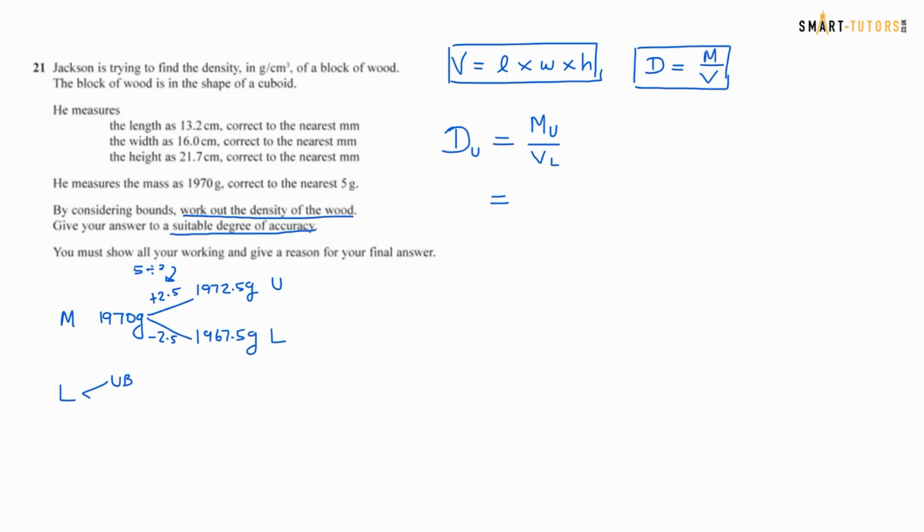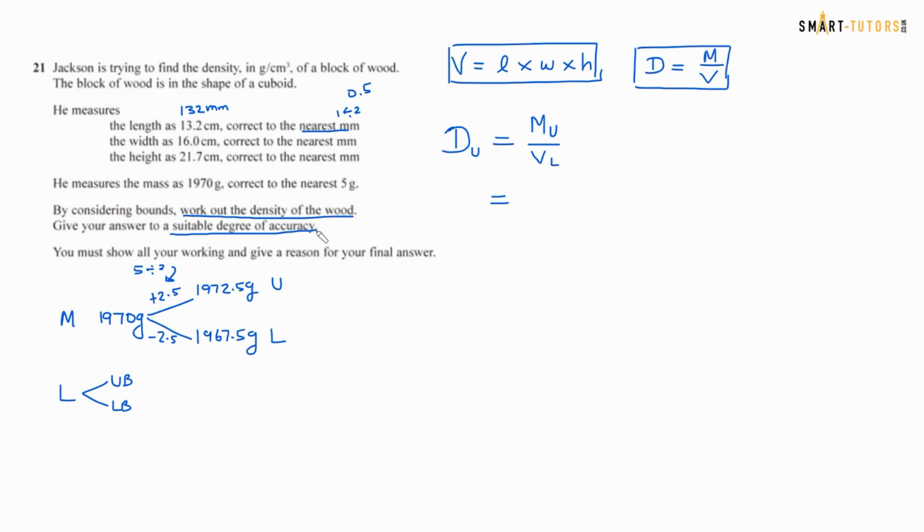The same as here, the length upper bound and the lower bound. The length is nearest to millimeter. If you think about 13.2 centimeters, which is 132 millimeters, nearest to millimeter means nearest to 1 millimeter.